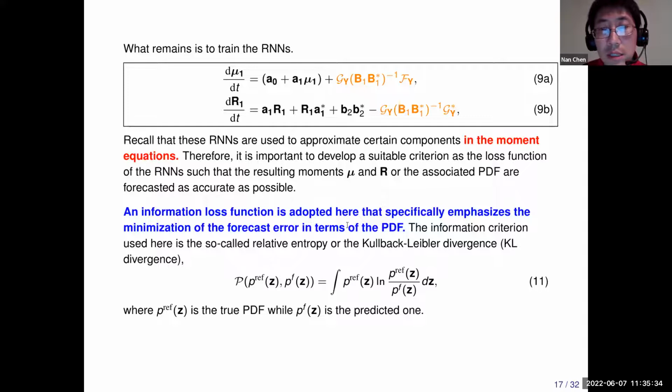So instead, we use this information criterion. We train these neural networks, then we recover mu1 and r1. Then we use mu1 and r1 to formulate the PDF. And this information criterion is called the relative entropy or KL divergence. So the reference solution is the truth, and this PDF is what we obtained from the neural network. Then we try to minimize this relative entropy to train the neural network.